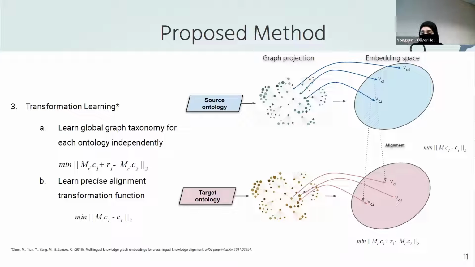This is inspired by the TransE model, which was applied with knowledge graph alignment. But what we do here is apply it in a fashion like MTransR, where we have different weights for each of the different relations.